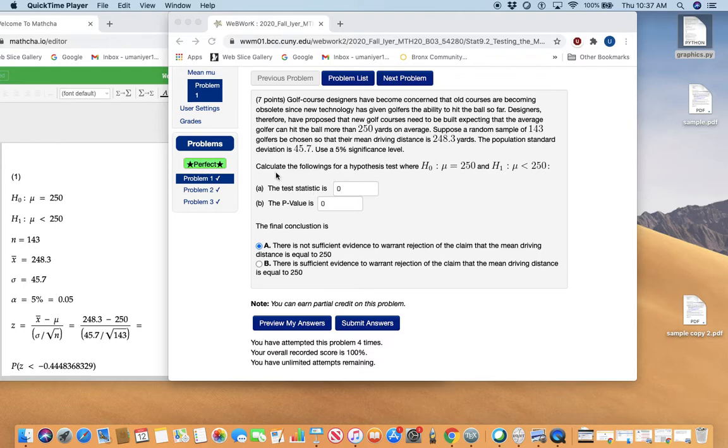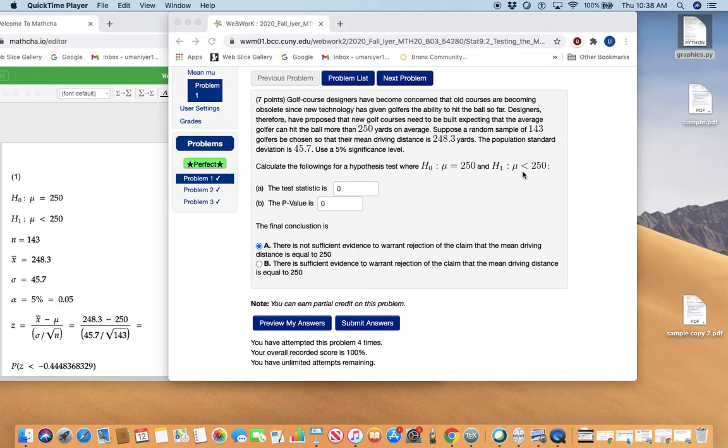Use a 5% significance level. Okay. Now, calculate the following for the hypothesis test, where the null hypothesis is mu is 250. The alternative hypothesis is mu less than 250. Why would you choose less than? Because your sample got you less than 250.